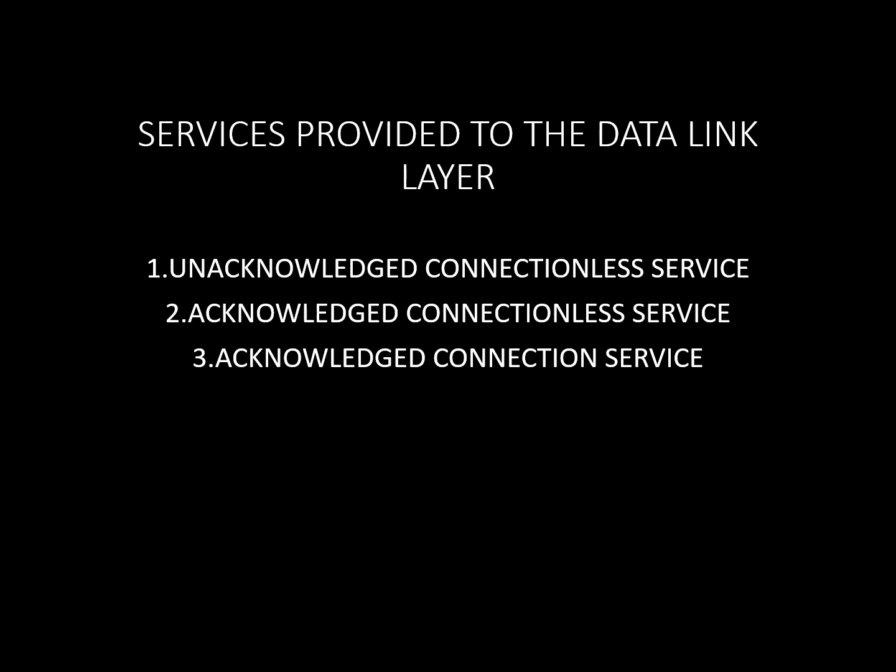If the data is lost, it will be retransmitted. And then acknowledged connection service means the source sends the message to the destination, the connection is established clearly, each frame is numbered and acknowledgements are also required.